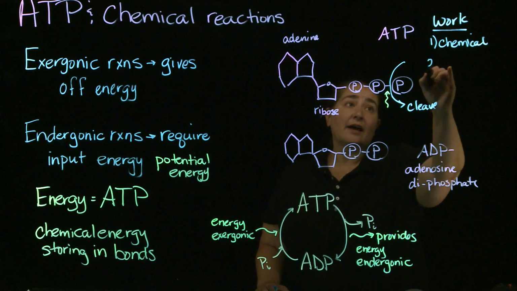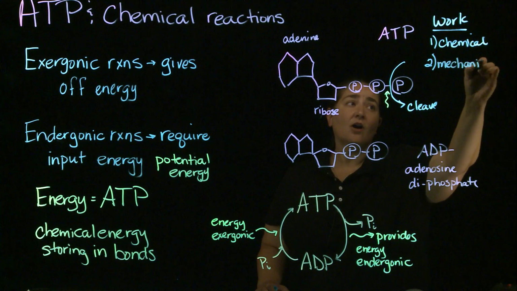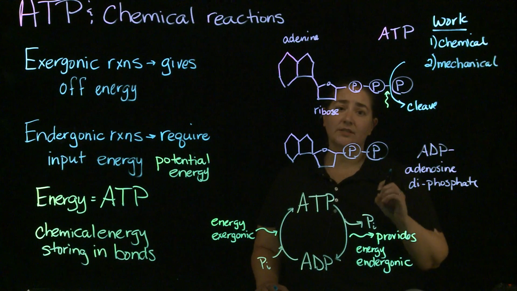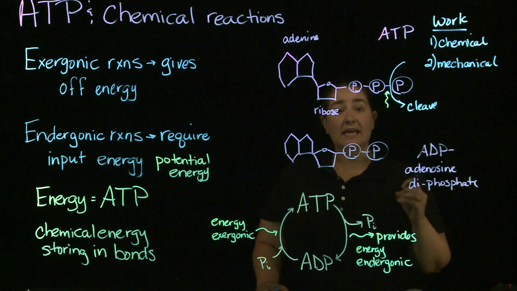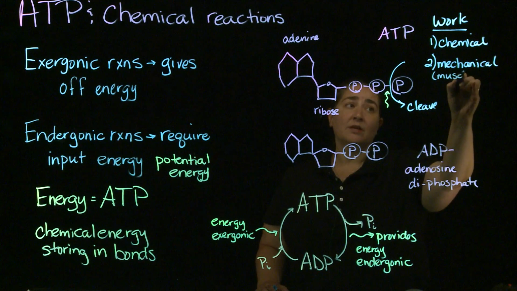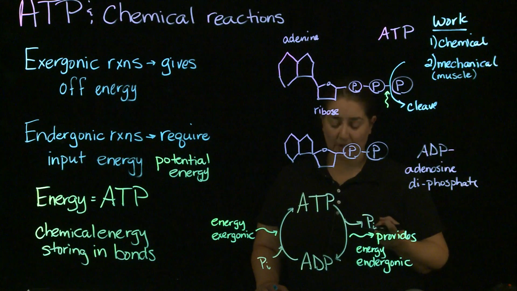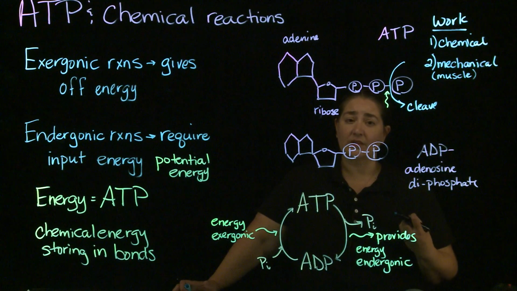You can also have mechanical work. And we aren't going to talk a whole lot about mechanical work this semester in introductory biology. But when you get to A&P, when you learn about muscle and muscle contraction, that would be an example of mechanical work within the body.